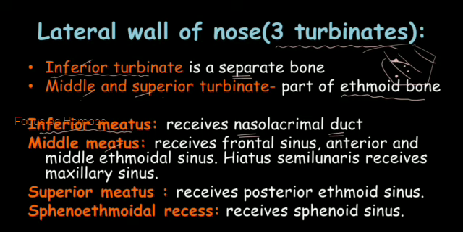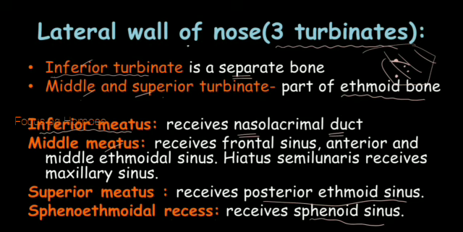Then comes the superior meatus, which receives the posterior ethmoid sinus, and at last the sphenoethmoidal recess receives the sphenoid sinus. These are all important MCQs related to the lateral wall of the nose.